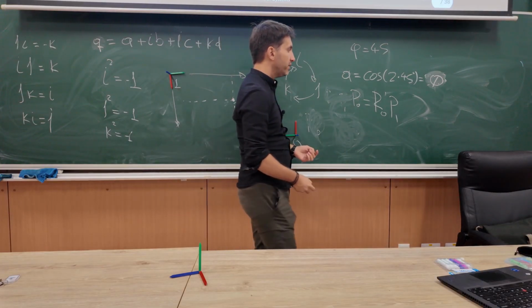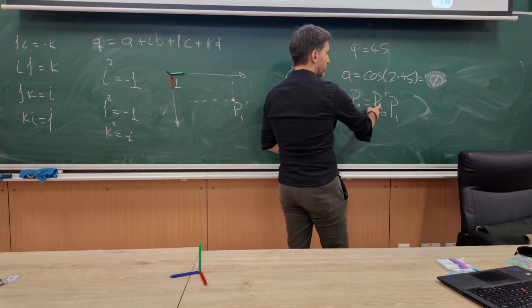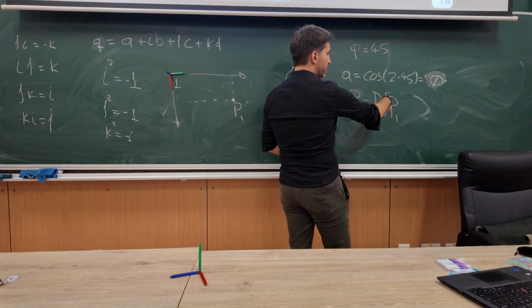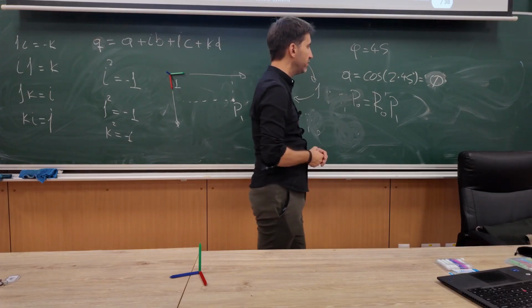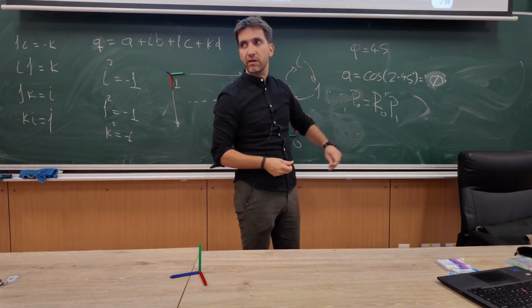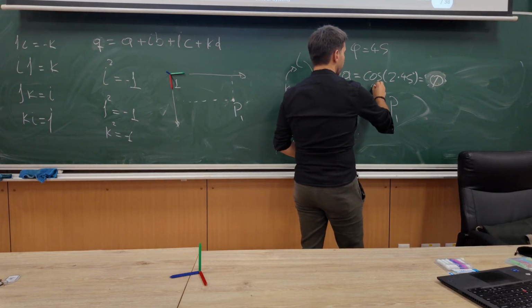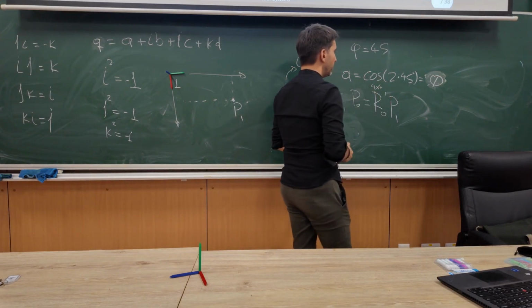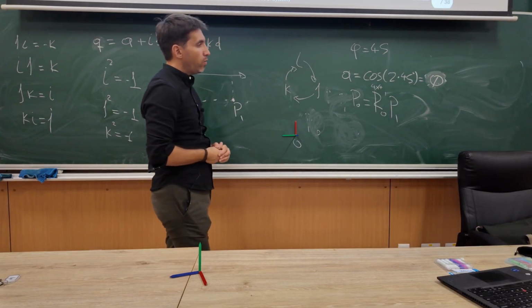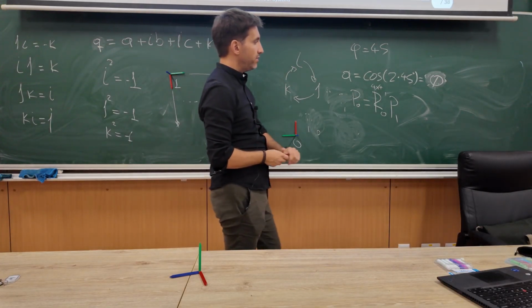Let's see how this works. What is the size of this matrix here? What did we say is the size of the transformation matrices? 4 times 4. All right. What is the size of this point here?